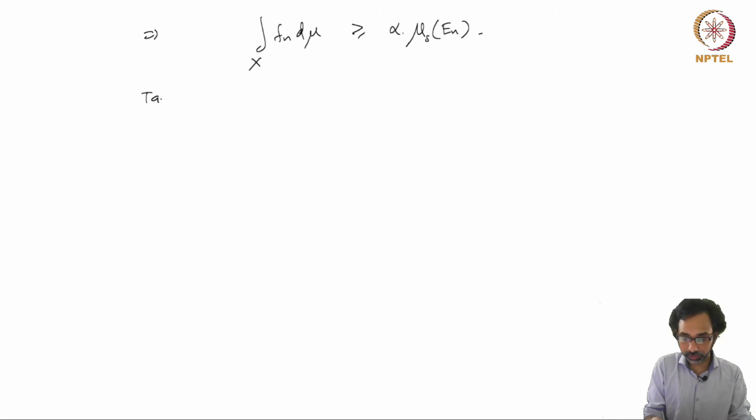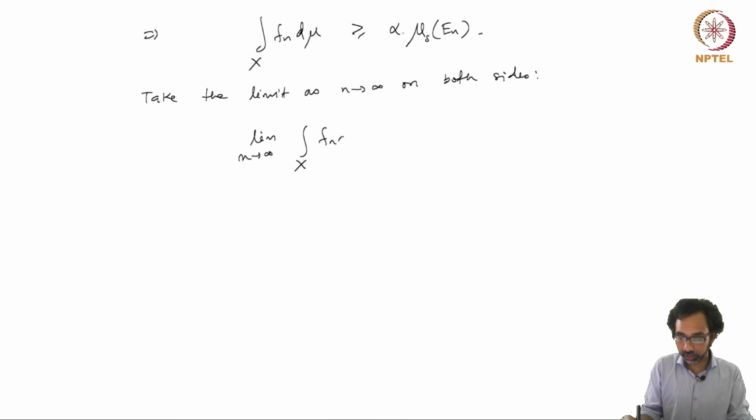Now take the limit on both sides, as n tends to infinity. We get that the limit as n tends to infinity of the integral over X of f_n d mu is greater than or equal to alpha times the limit as n tends to infinity of mu_s(E_n).